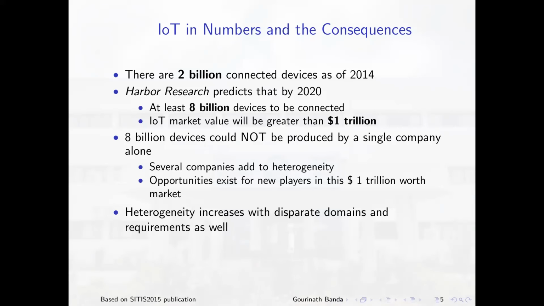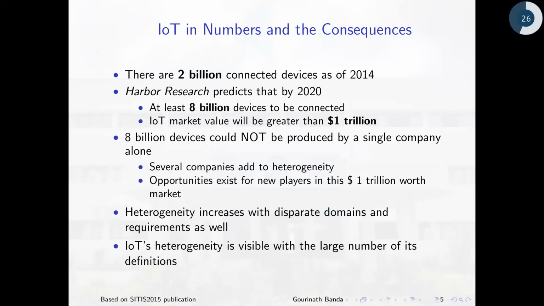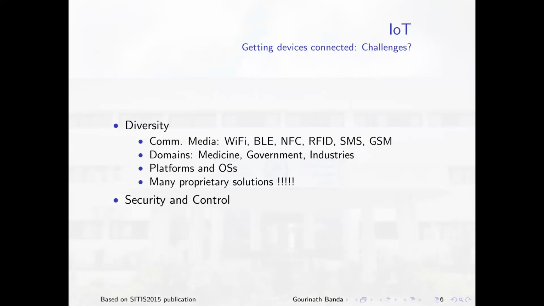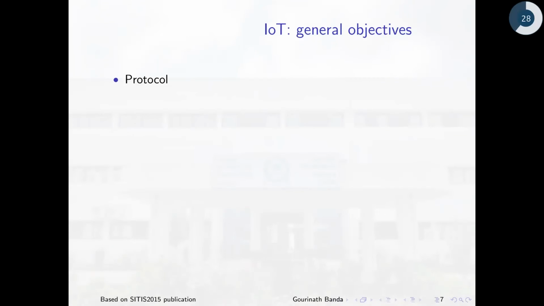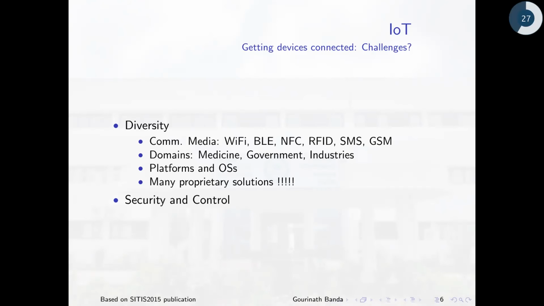Right? Heterogeneity increases with disparate domains and requirements as well. IoT's heterogeneity is visible in the large number of its definitions. For instance, in 2012, I think, IEEE published a book of definitions for IoT, right? That means there are several definitions for understanding IoT by various people. So what is the degree of heterogeneity in IoT devices? For instance, some devices would use simple Wi-Fi connectivity.